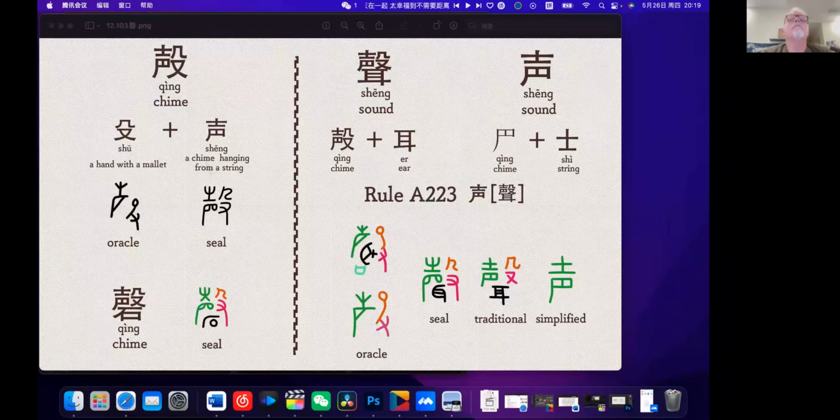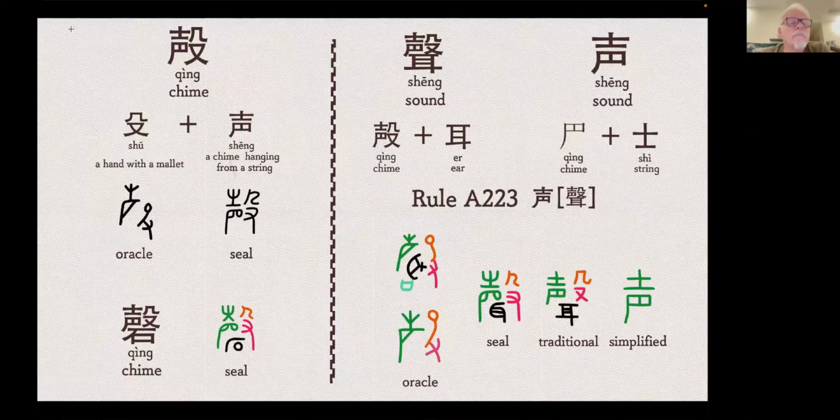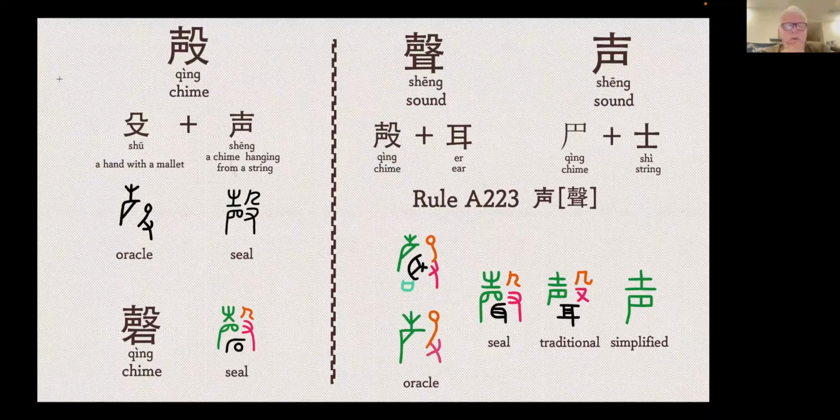So you see this character, this component qing, which is not a common modern character, but it's a common modern component.